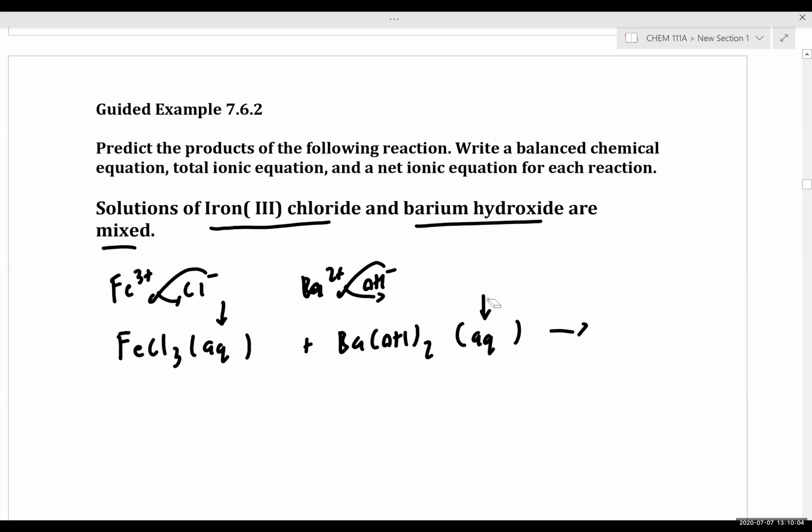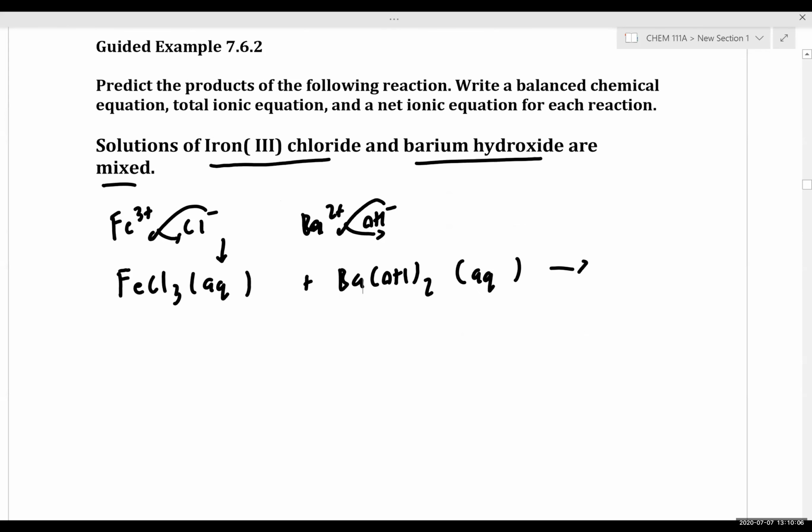Barium hydroxide is soluble. So now what we're going to do is separate out each of these compounds into their ionic building blocks. And then we're going to pair our cations and anions and predict the formula of an ionic compound that can be generated from pairing each of these cations and anions.